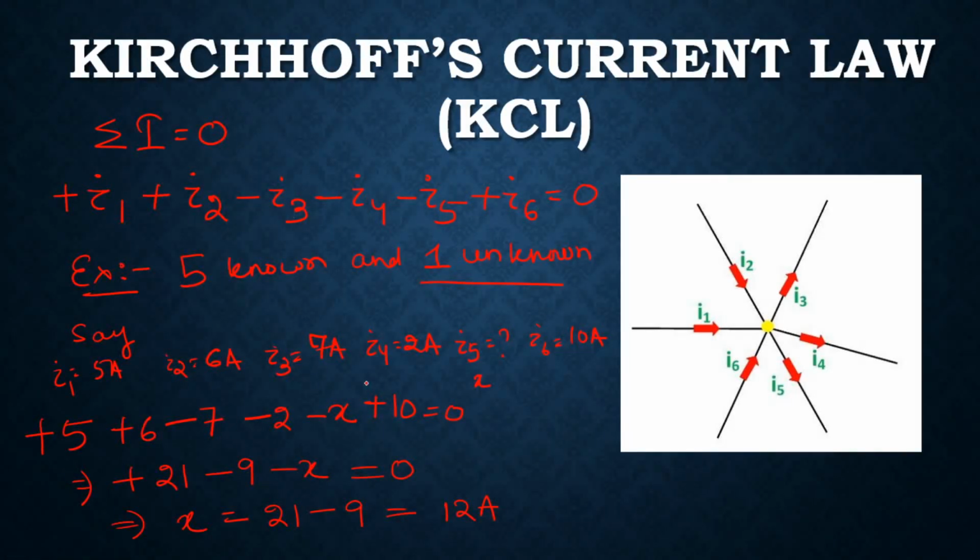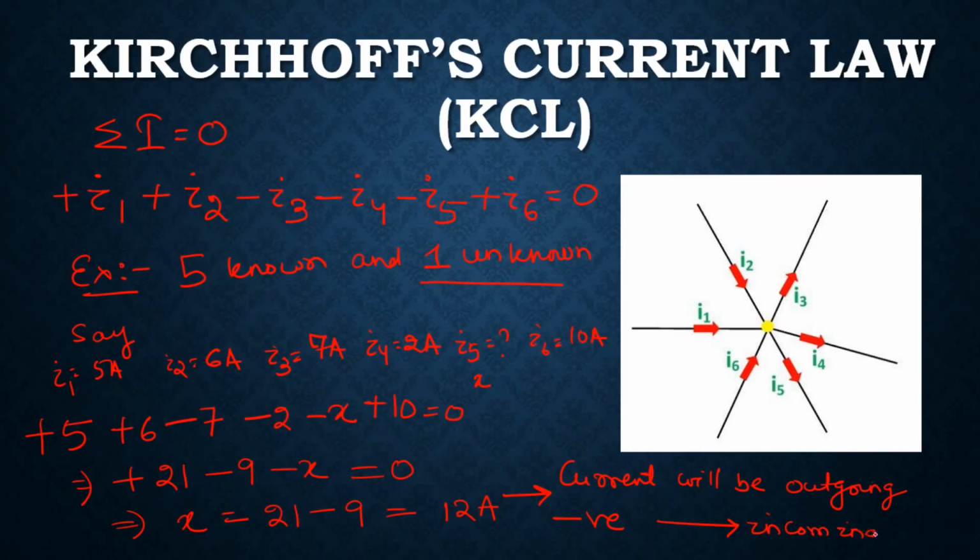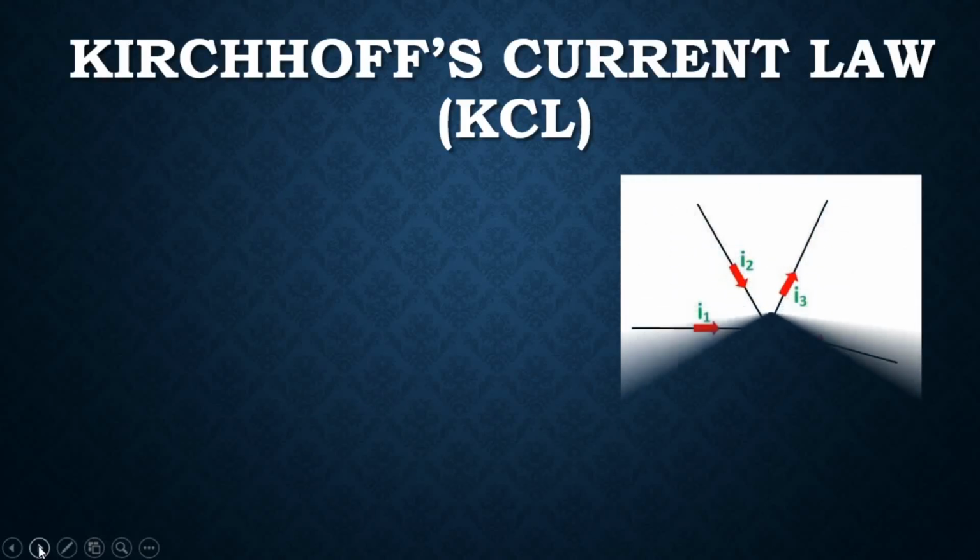As I found that this 12 is positive, that means the current will be outgoing. But if this 12 would have been negative, then the current would have been incoming. The direction would have been different.